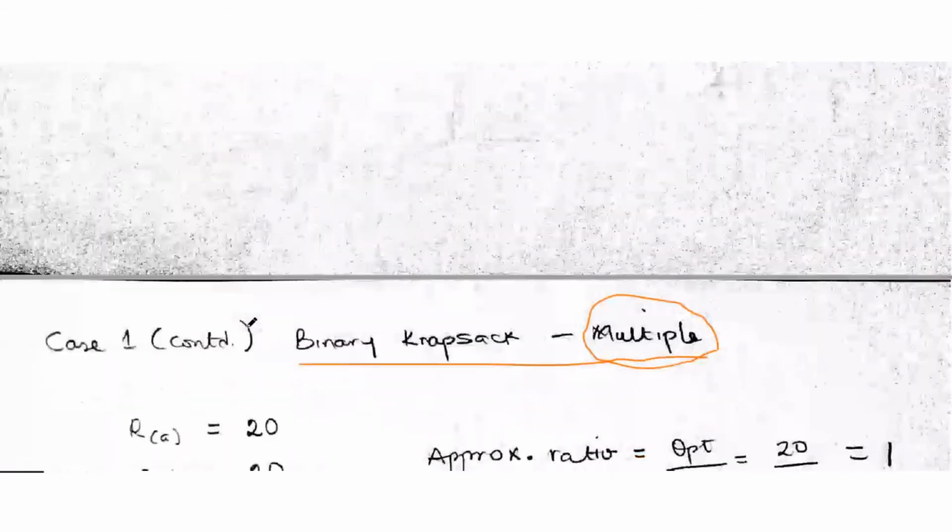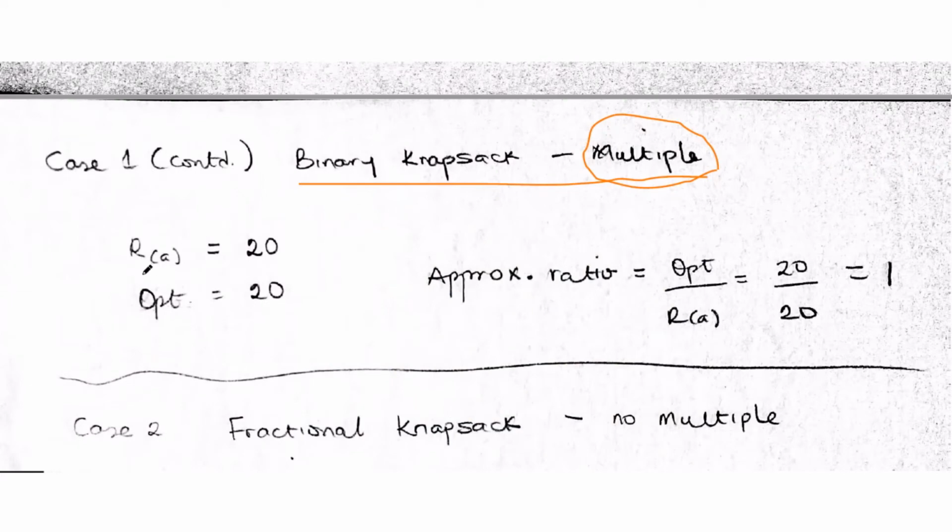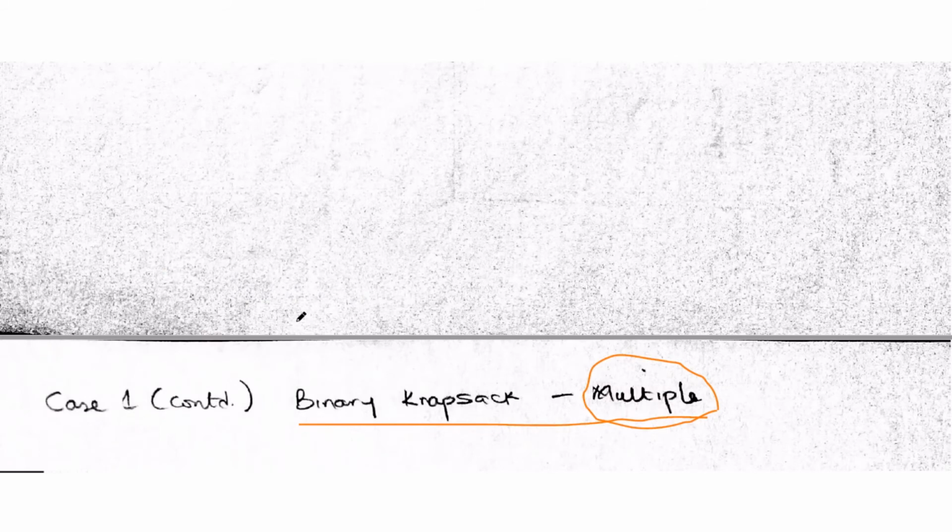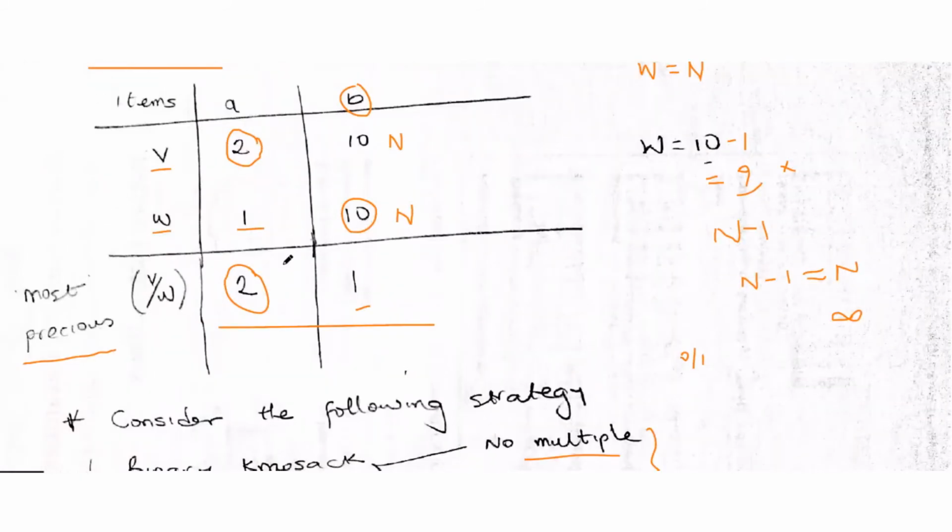Because we are able to take multiples, in this instance you will discover that our approximation strategy is going to give us 20 units of value, which coincides with the optimal, because what is optimal is just for us to take 10 units of item A. If we take 10 units of item A, then we are going to have 20 as our value, and our weight will be 10, which maximizes our weight, which is 10.